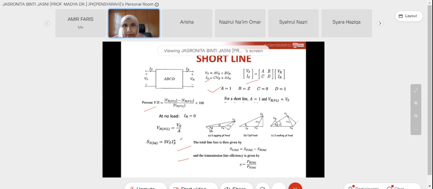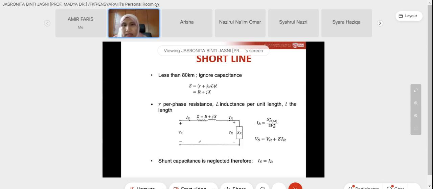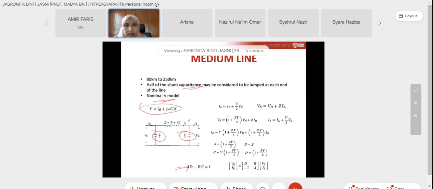This is the short line. This diagram represents the short line. This diagram represents the medium line. So this equation is the same. IS, what is the IS? IS is this one plus this one.